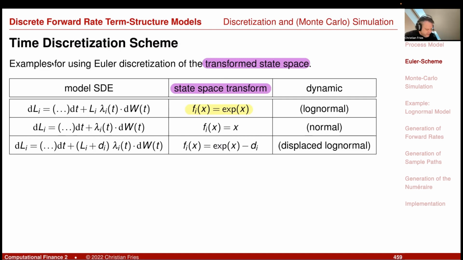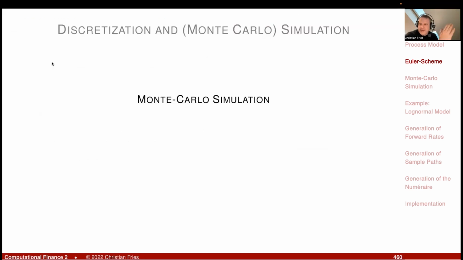And funny, also for the displaced log normal model, there is such a nice transformation that will get rid of this coefficient and hopefully improves the discretization scheme. So that was on the time discretization of the simulation time, the discretization of the little t.